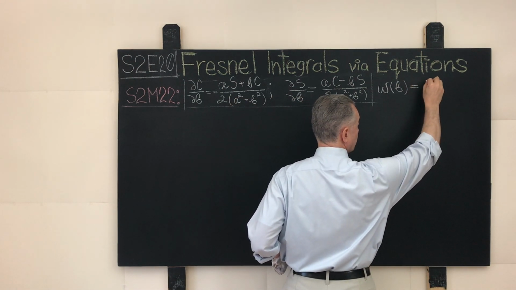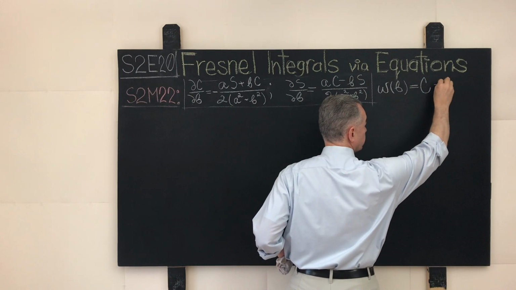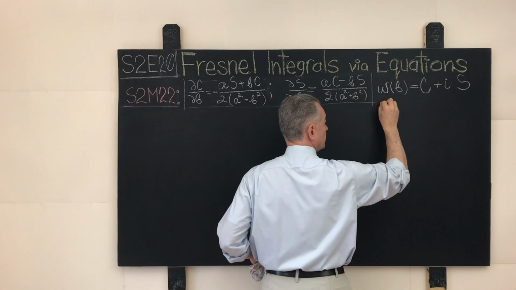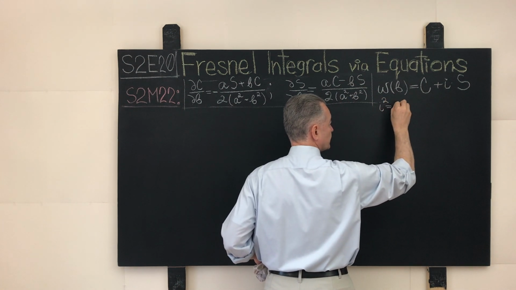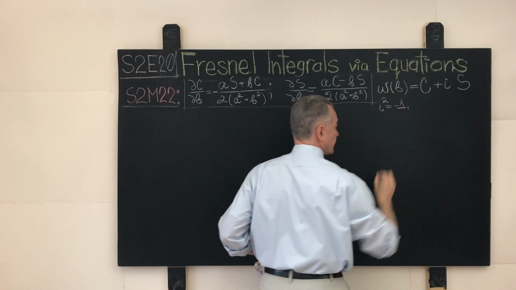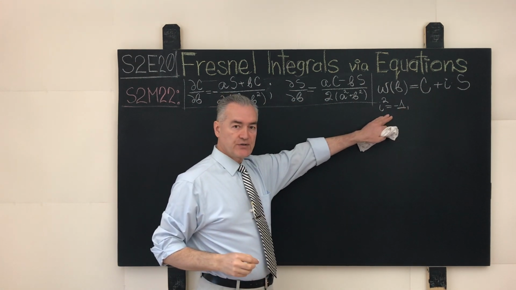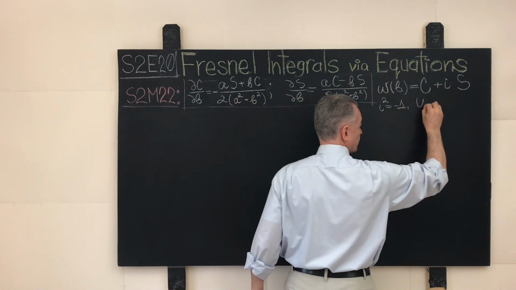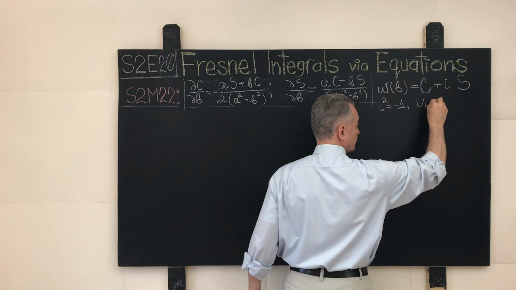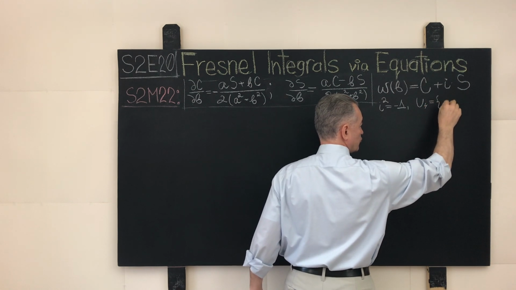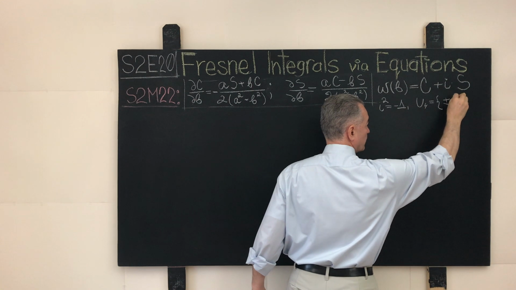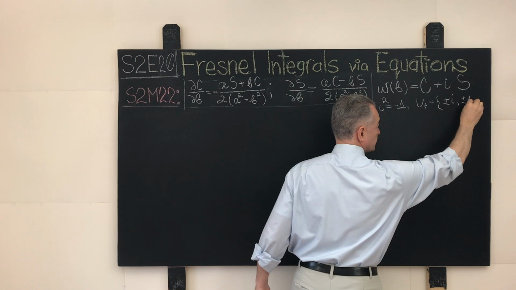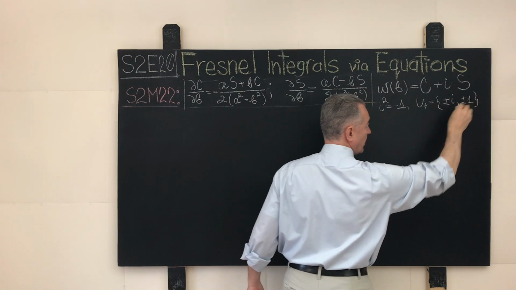And then we will say that that function is c plus i times s. Here the symbol i stands for the imaginary unit, which has the property that when squared it produces negative 1, and it is also one of two generators of the finite commutative multiplicative group of fourth roots of unity that looks like four numbers, plus minus 1, plus minus i.